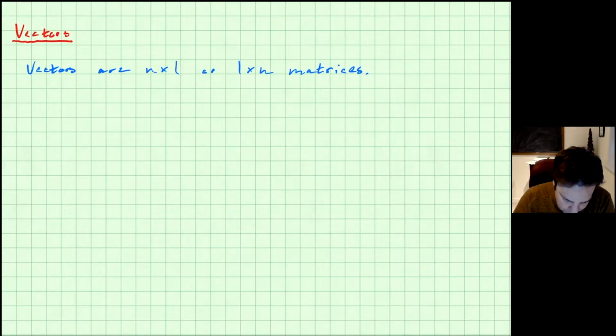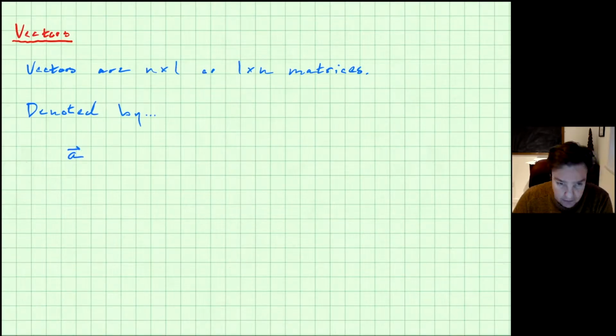And so they're often denoted with different notation. Sometimes people don't put any special notation on them at all, but we will use some notation to indicate a vector. So let's say you have a vector A. The notation I'll use will be an A with a little arrow over the top of it, like that.